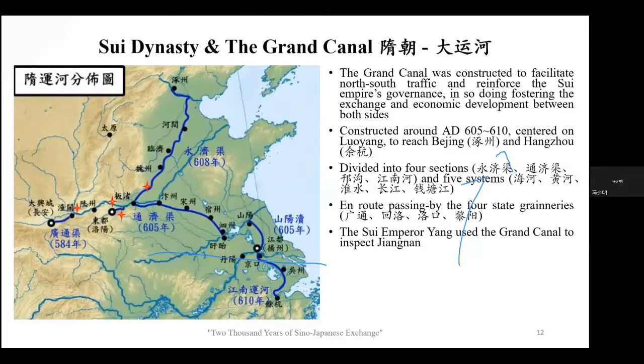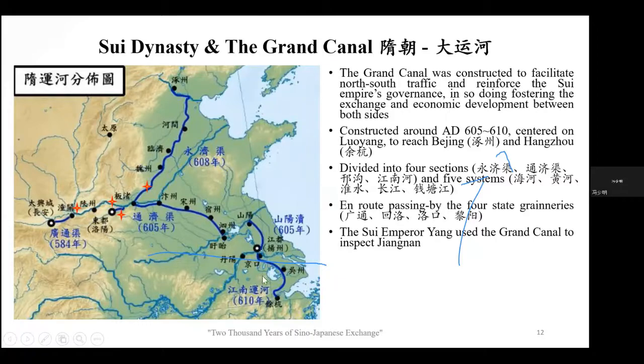We now talk a little bit about the Sui dynasty and the Grand Canal. The Sui dynasty was an important part of China's history because during this period, there were a lot of state works, in particular the Grand Canal. When constructed, you can see in blue, it actually connects the northern parts with the southern parts.